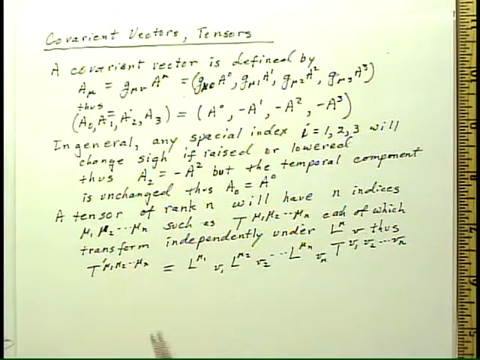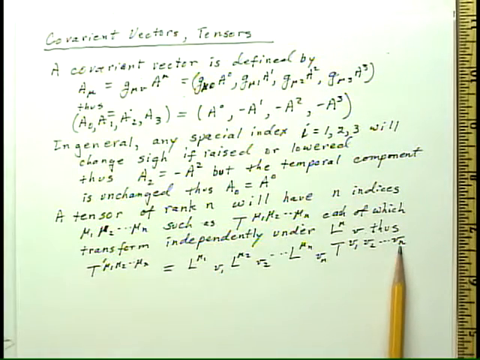Now, if you think about how large this object is, these are 4 components and these are 4. So a tensor of the second rank has 16 components and is often referred to as a matrix because we can think of it as an array. If we think of one with 3 indices, it becomes like a cube of numbers, 4 times 4 times 4 numbers.